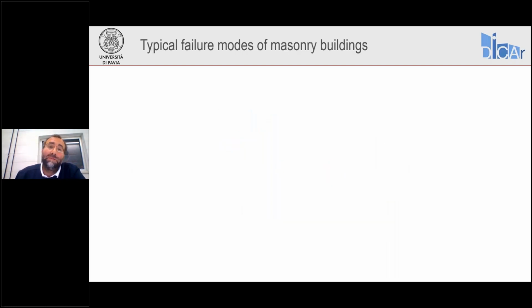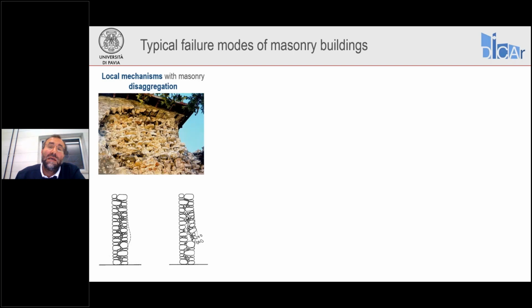So, what are the typical failure modes of masonry buildings? Well, for poor construction, let's say in rural areas or mountain areas, typically we have very low quality materials. And in these cases, the problem that we often observe in earthquakes is the disaggregation of masonry, which is considered a local mechanism itself.